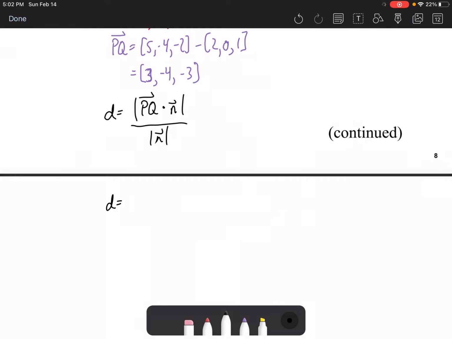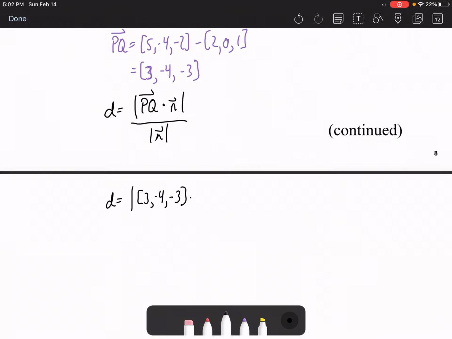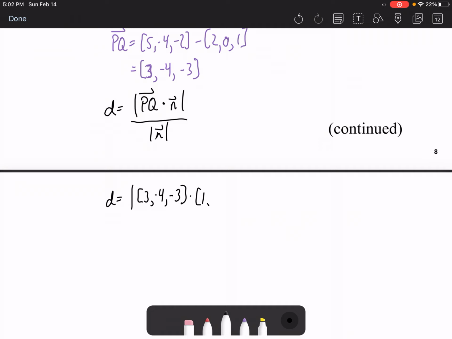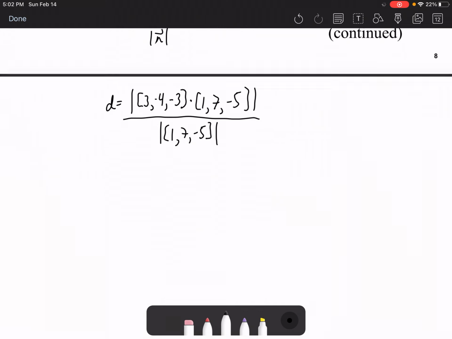So 3, negative 4, negative 3, I'm dotting with 1, 7, negative 5, and I'm finding the magnitude of the vector 1, 7, negative 5. We know how to do these things. Complete these calculations for yourself by pausing this video.